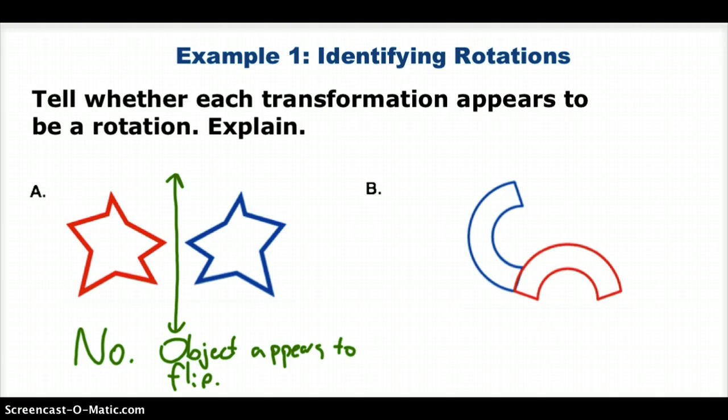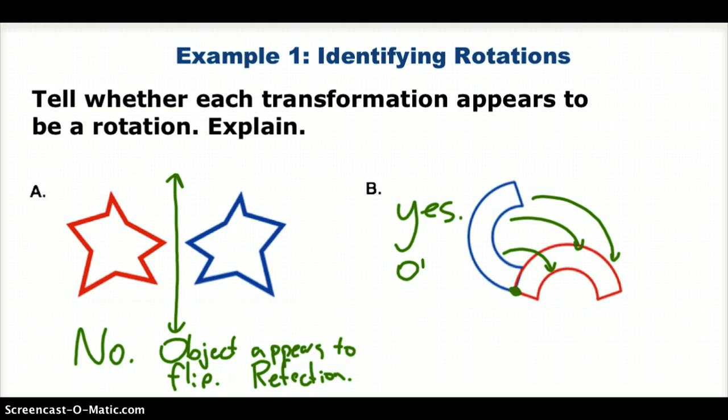And so that would be a reflection, not a rotation. Okay, and on part B, it looks like it does actually rotate around a fixed point here. If we look at this point right here, it looks like everything swivels around and turns around this one point. And so for part B, we would definitely say yes, and we could say something like, object appears to turn around a fixed point.